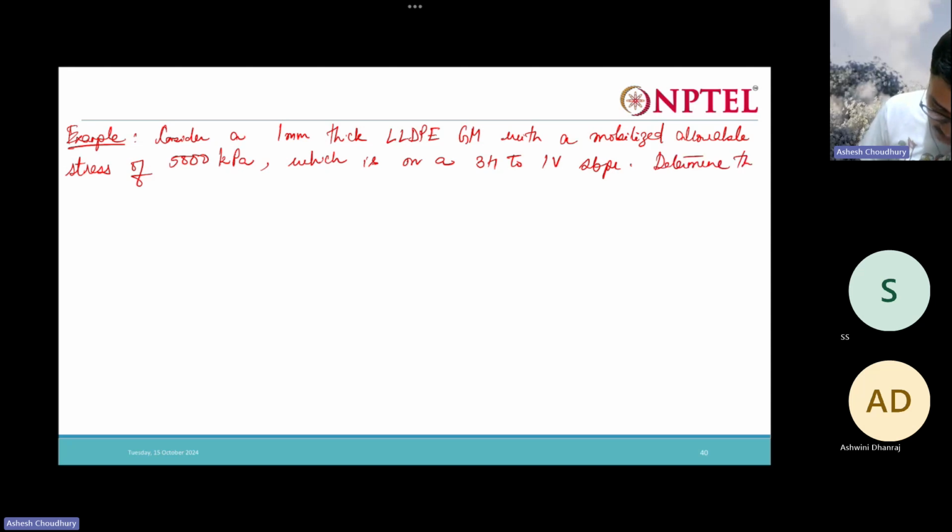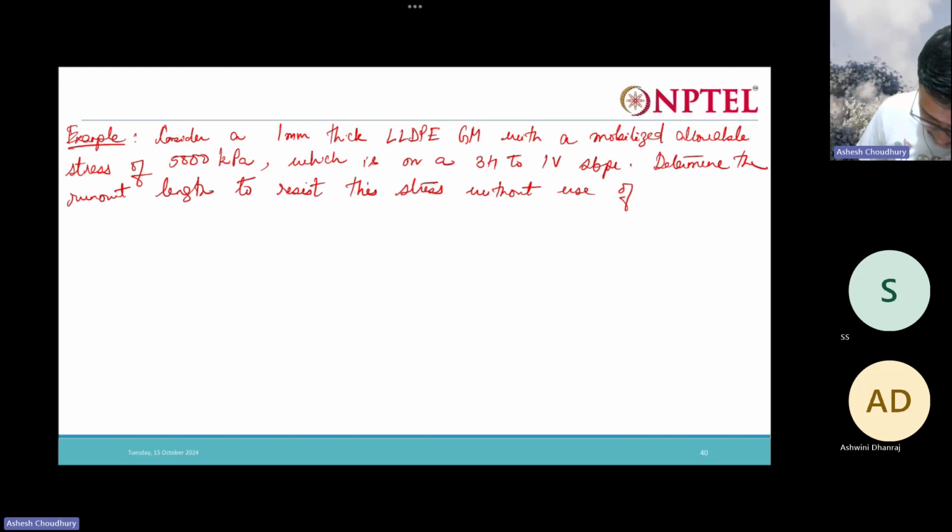Determine the run out length to resist this stress without use of a vertical anchor trench.